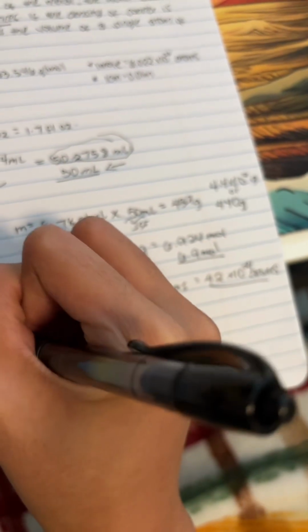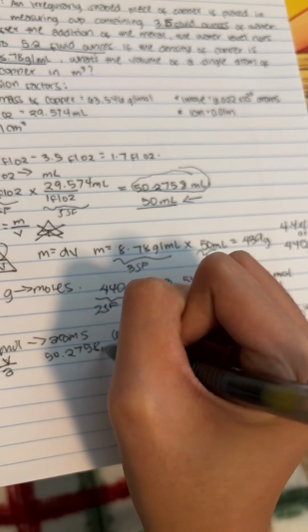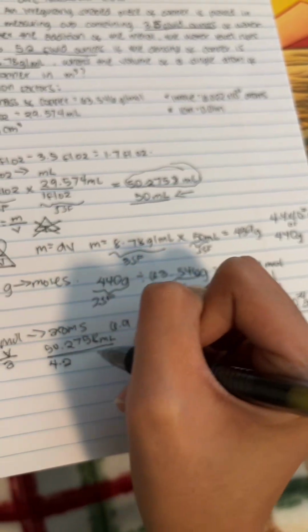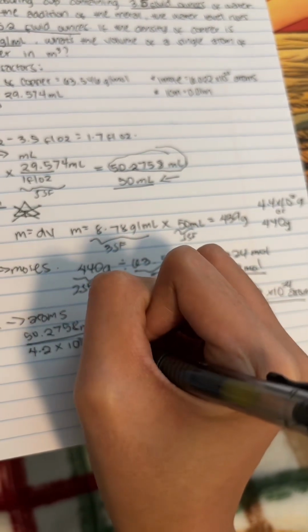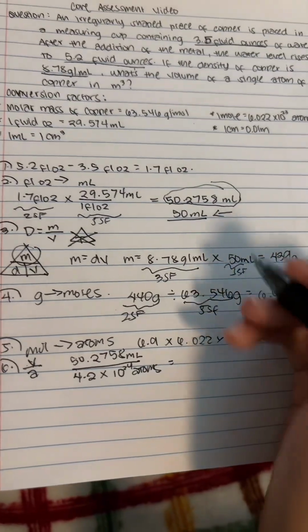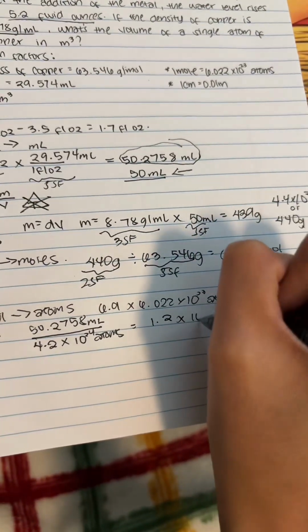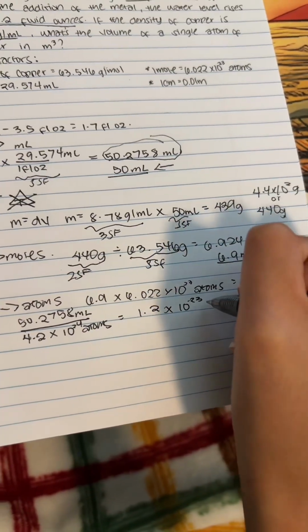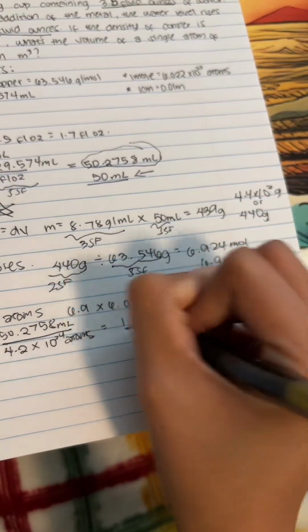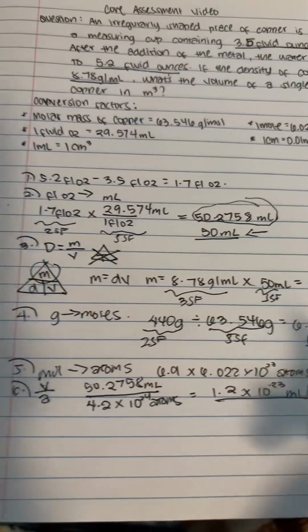So 58 milliliters divided by 4.2 times 10 to the 24 atoms, and we get 1.2 times 10 to the negative 23rd milliliter per atom. So here we have our milliliter per atom.